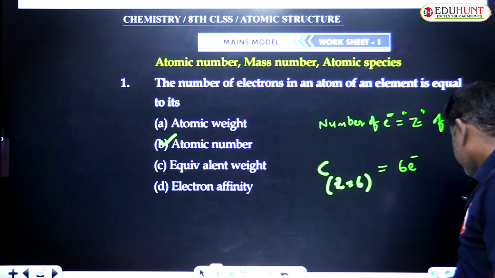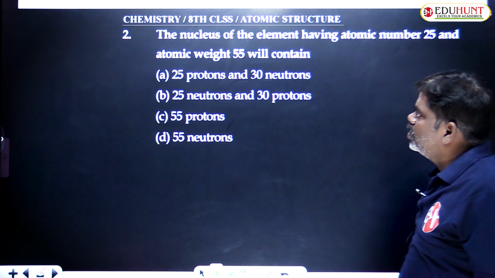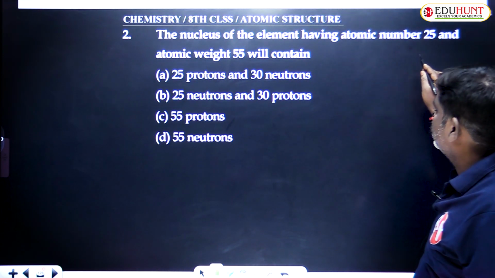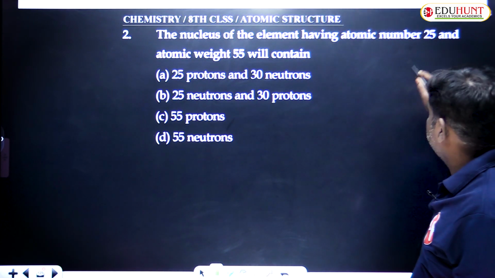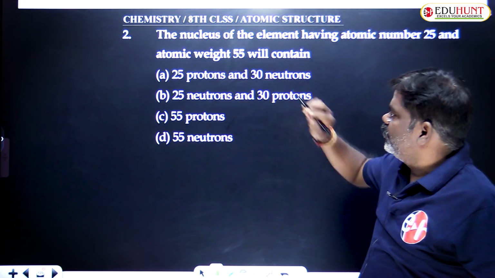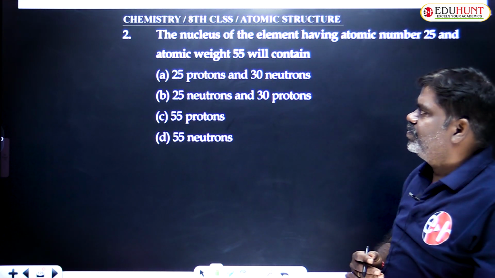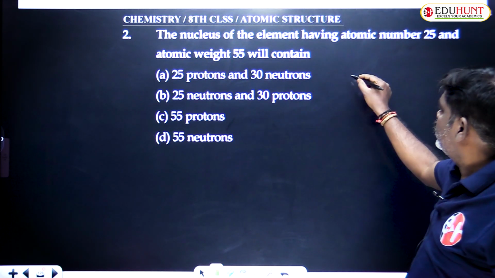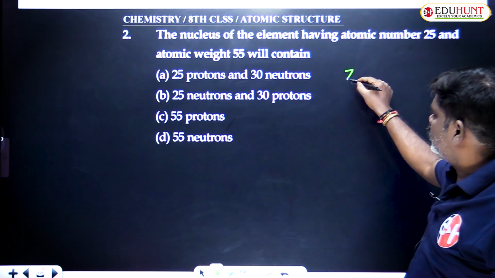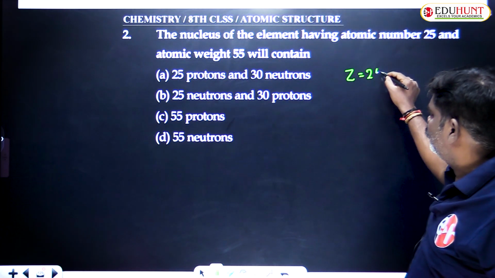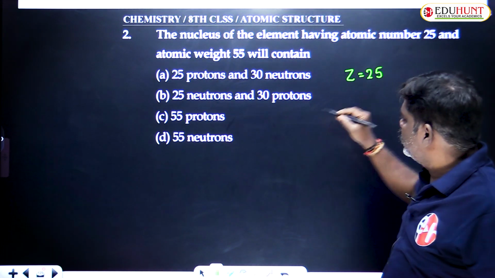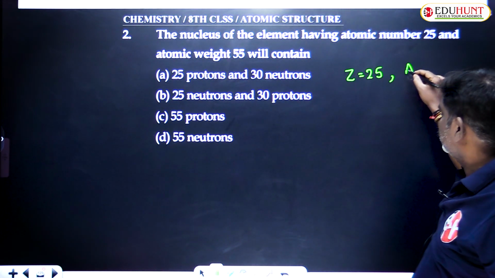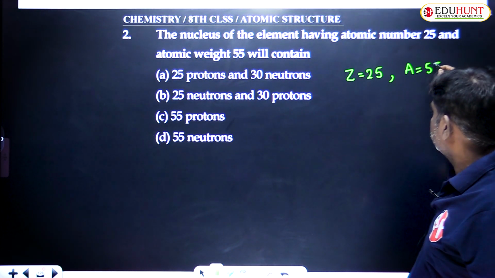This is the answer. And the second one: the nucleus of an element having atomic number 25 and atomic weight 55 will contain... Generally we know atomic number Z is equal to 25 and atomic weight, known as mass number, A is equal to 55.